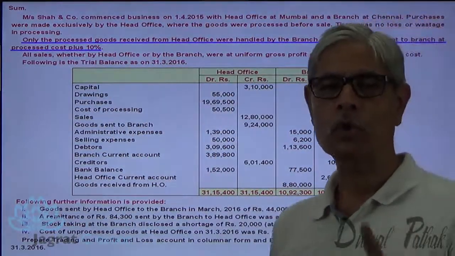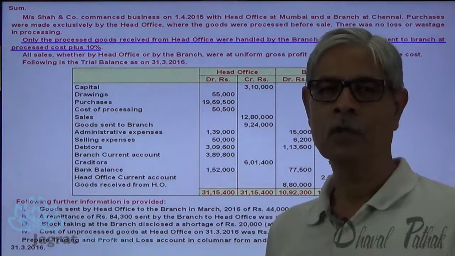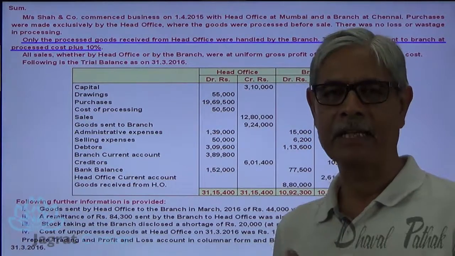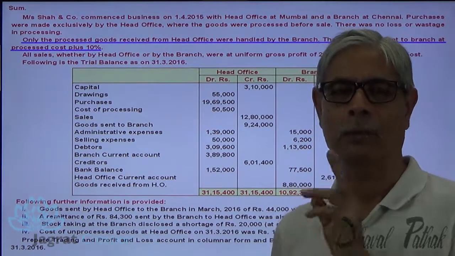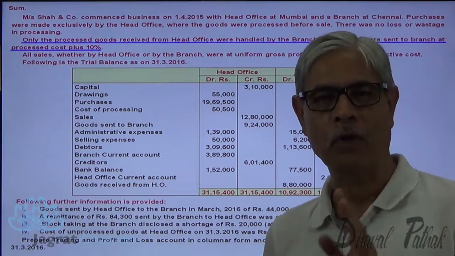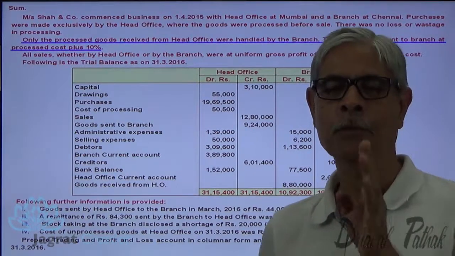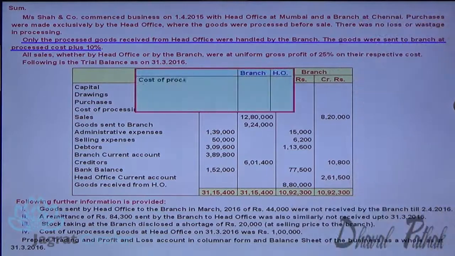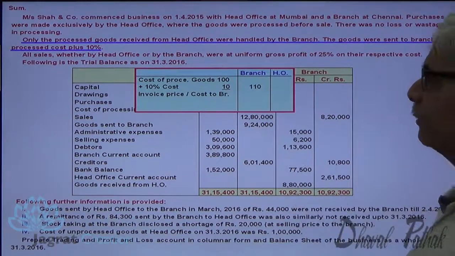So cost of goods to HO is 100, 10% added thereto. 110 is the price at which the goods are sent to the branch. So it is an invoice price for head office, but it is a cost for branch. Cost of processed goods is 100, 10% added to cost. So 110 is the value at which the goods are invoiced.